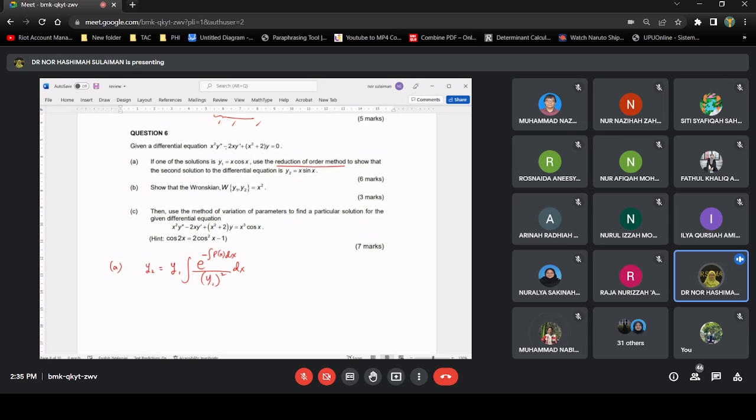Ada negatif tak? Ada. I did mention last time about something to the power of something, betul tak? So yang itu kena ingat balik lah apa tips yang saya dah bagi tahu sebelum ni.